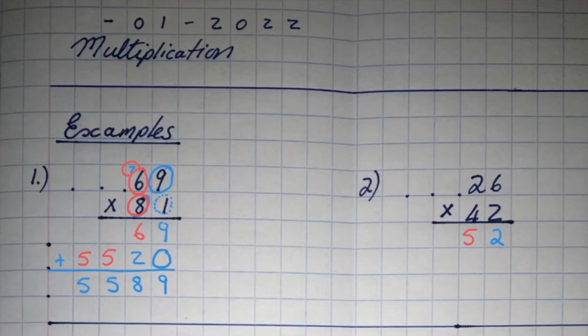Now for the second line, but hiding underneath the 2 is a 0, and that goes over there on the second line. I now start with this 4 and I multiply it against that 6, and 4 times 6 is 24, so I put the 4 of 24 and I carry the 2.